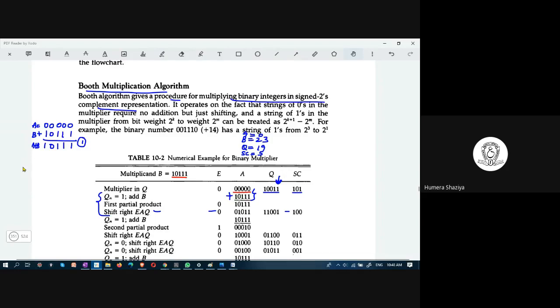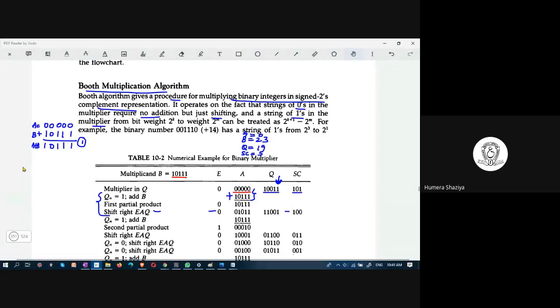All right, signed 2's complement means for negative and positive, both the numbers, we can do multiplication. It operates on the fact that strings of zeros in the multiplier require no addition but just shifting, and the string of ones in the multiplier from bit weight 2 to the power of k to weight 2 to the power of m can be treated as 2 power k plus 1 minus 2 power m.